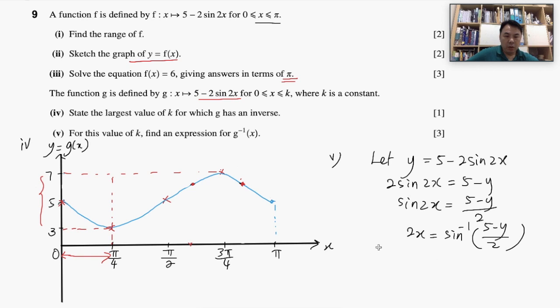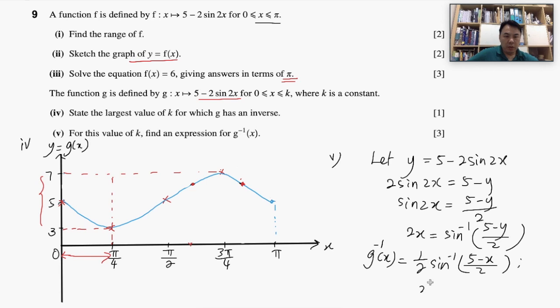And therefore we can conclude that the inverse function is actually this. You have to move it over, of course. That is inverse sine of (5 minus x) over 2. Now, of course, in this case, we should know the domain.